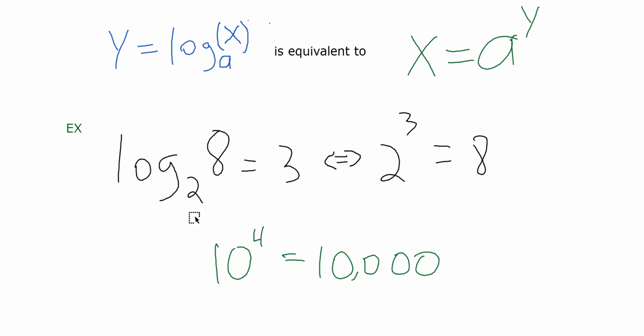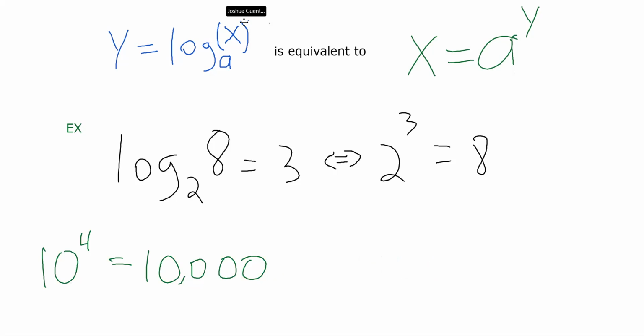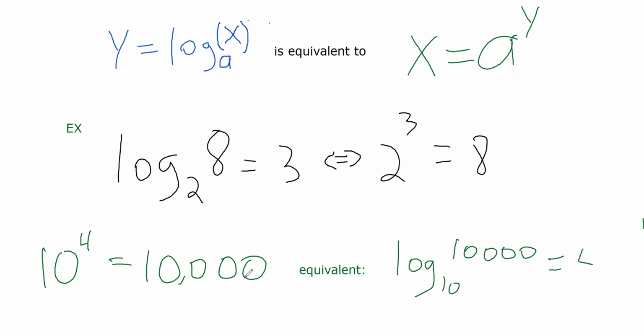Let's rewrite that as a logarithm. We'll just say it's equivalent. That is equivalent to saying the log base 10 of 10,000 is equal to 4.